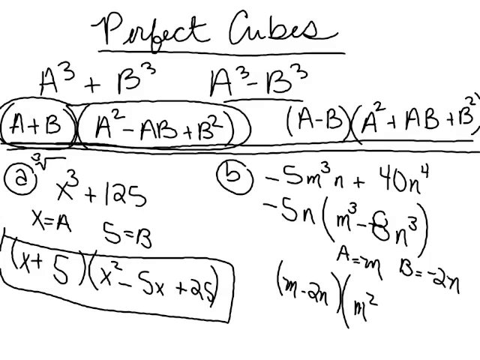And then I have ab. So what's a times b here? m times 2n is 2mn. And then my b squared. n squared times 4 is 4n squared.